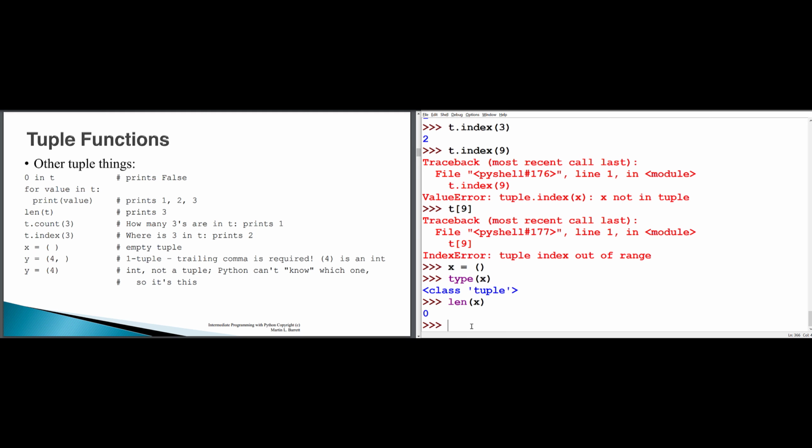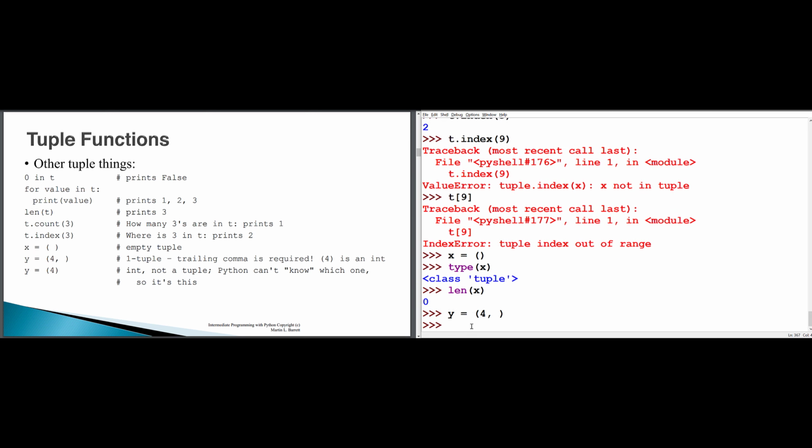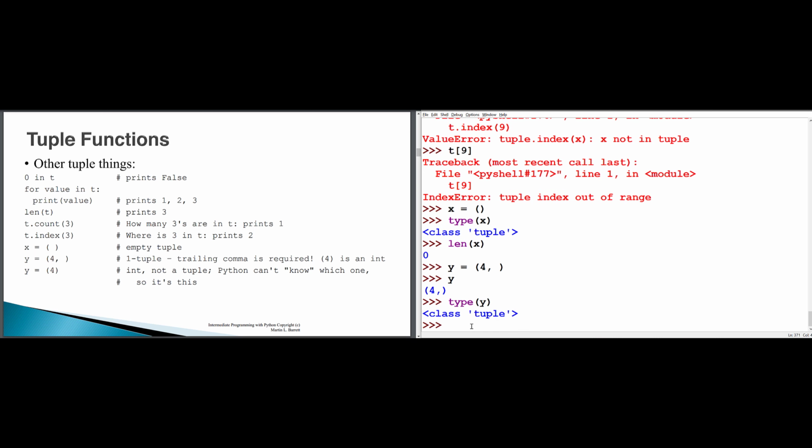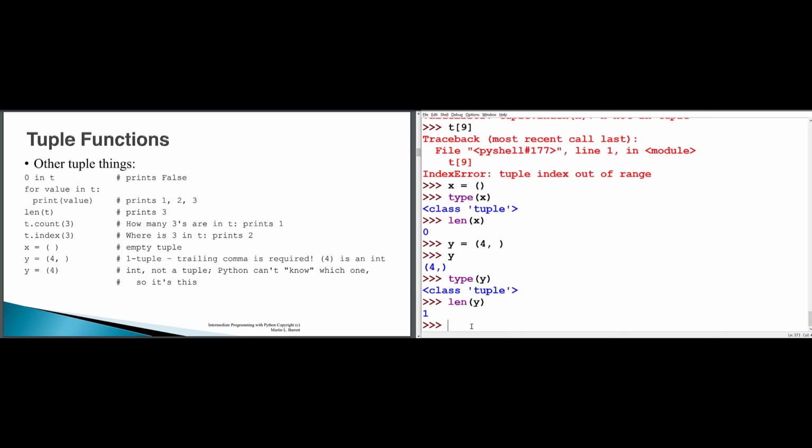Now, the odd notation here is if you want to create a tuple of one item, you have to use a comma after that item value. All right, so y here is what's called a one tuple. Its type is tuple, and its length is 1.